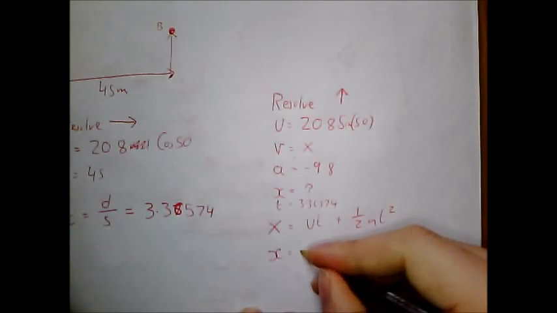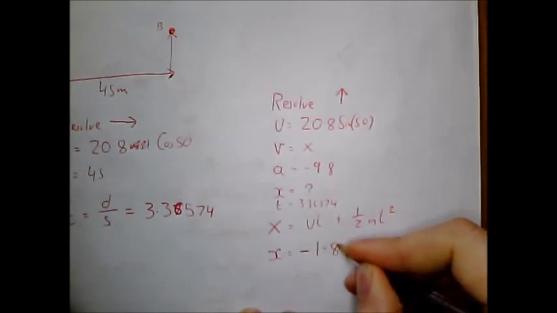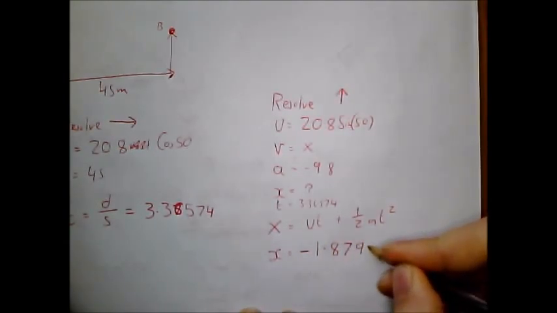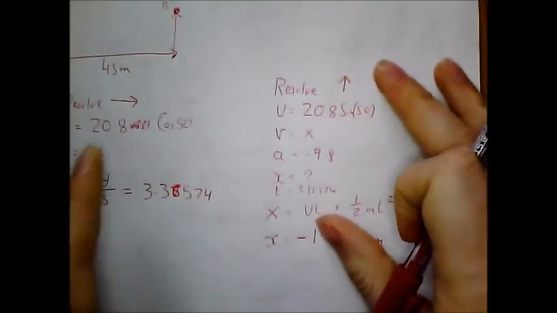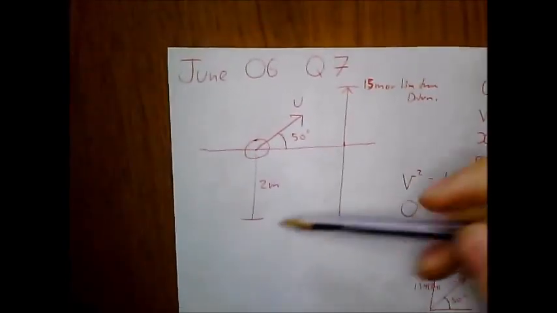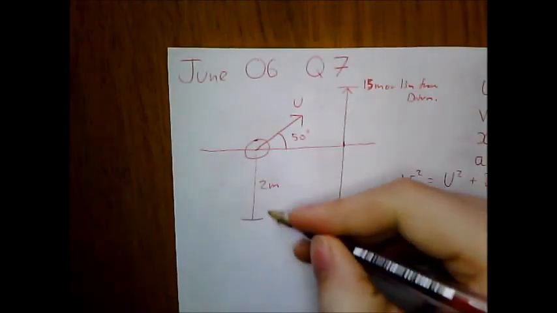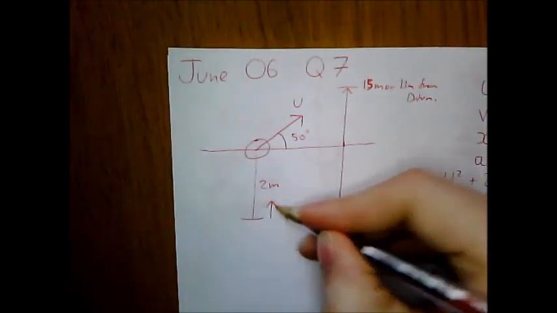Okay, that gives us negative 1.8794 meters. So this is from its datum position, and we want it from the ground position.